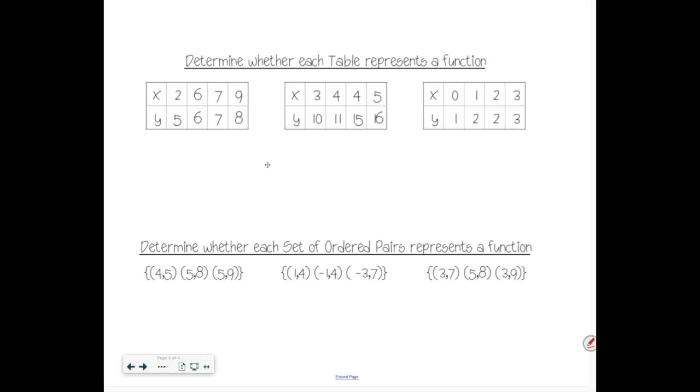Nothing's changing. From this one, we see that we have all these x values. So I'll go ahead and highlight those. We have all of these x values. And we have all of these y values. Now remember our rule, x cannot repeat.